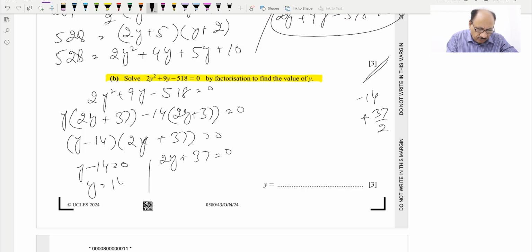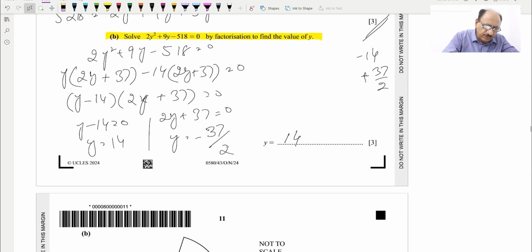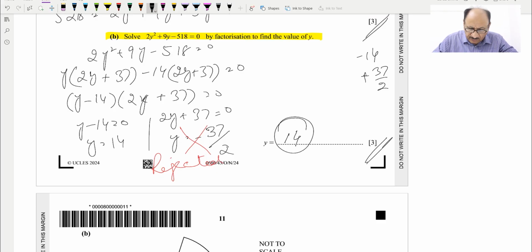So y is equal to 14 and y is equal to minus 37 by 2, and this will be our final answer. Basically the negative value of y we will be rejecting. Why? Because the y value cannot be negative, length cannot be negative, so we will write that this negative value is rejected, and we will write the answer as 14 only, and this will be a 3 mark question.